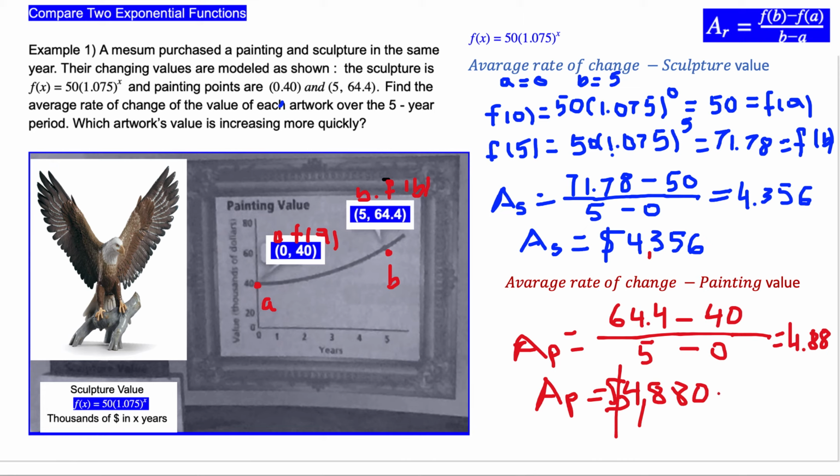Even though after 5 years the painting was $64,000 and the sculpture was $71,000, the sculpture was more expensive because it was more expensive when they bought it, but yearly the price of the painting was increasing more quickly.